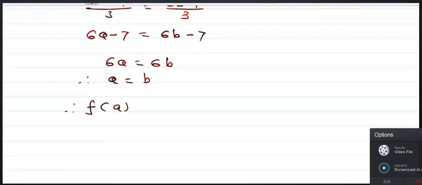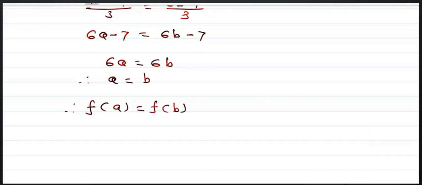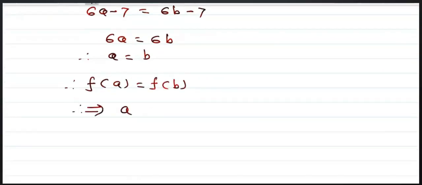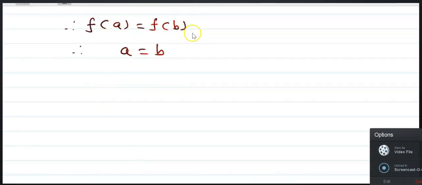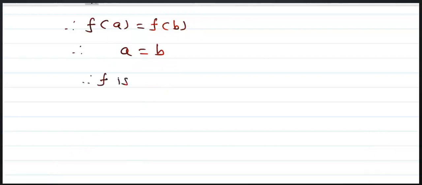That is, f of a is equal to f of b, then we get a is equal to b. What we started from, f of a is equal to f of b, and then we get a is equal to b. It means that the given function is one-one.